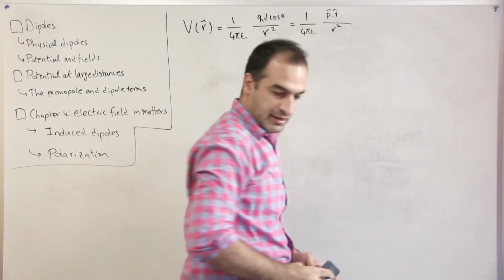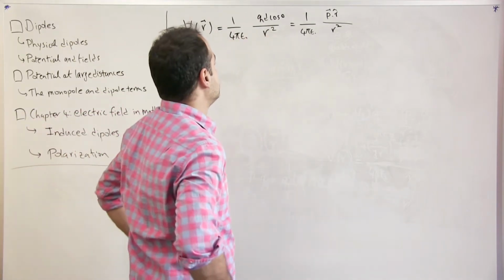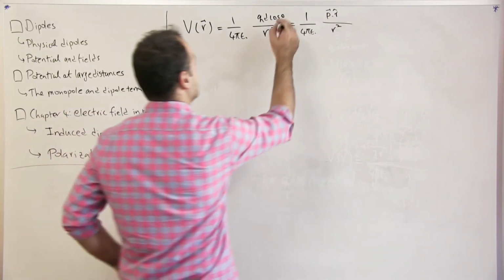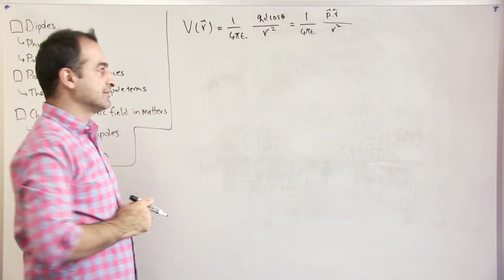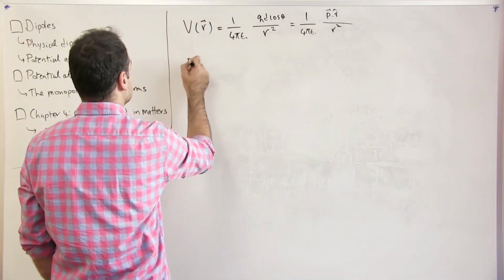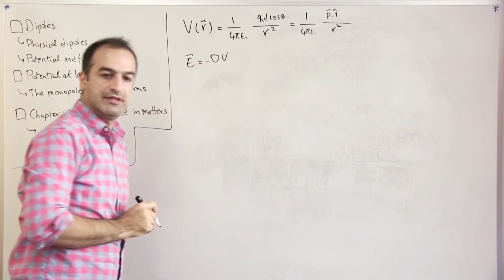Now the question is, if we have this electric potential from the dipole, what is the electric field we get from that? Electric field is the negative of the gradient of the potential.